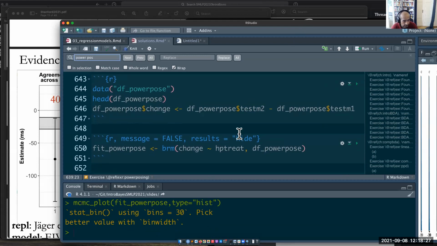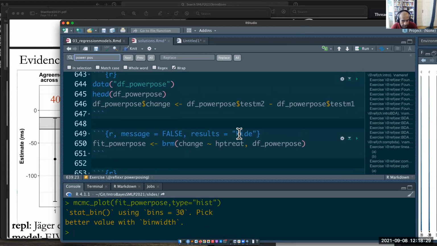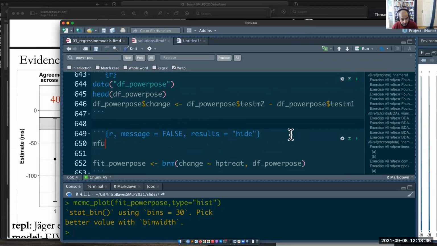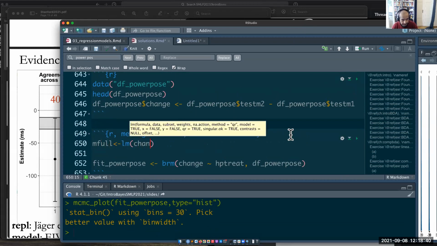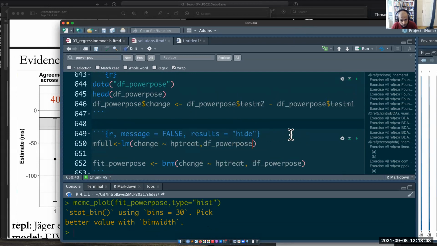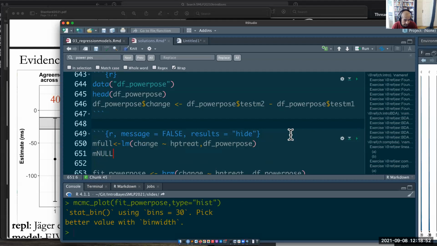Here, right? So let me fit this model again. If I fit a full model, I have lm change as a function of HP treat in the df power post data. What I would do in the frequentist paradigm is create a null model, where I would have no effect as a predictor, so just the intercept.